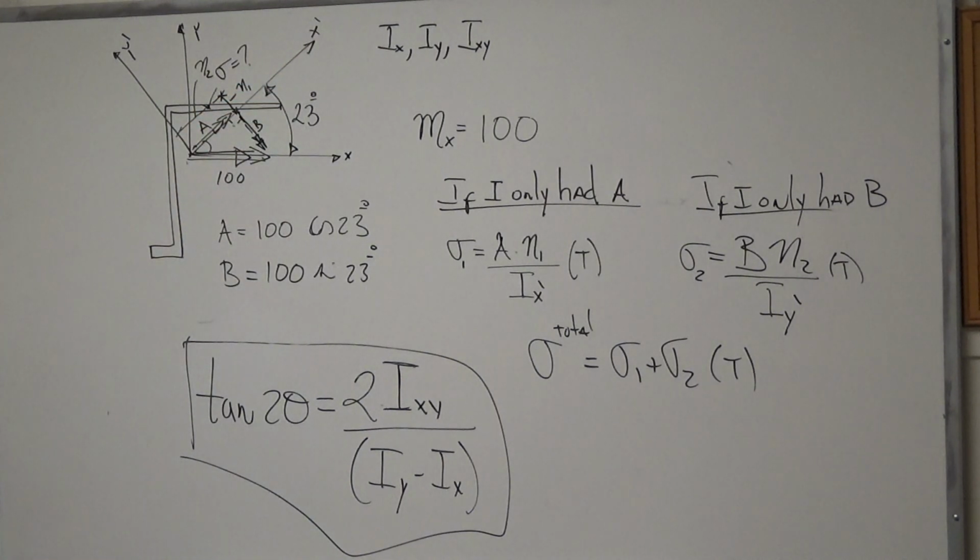So we don't go back to zero and start calculating Ix prime and Iy prime, because it turns out that once you have Ix, Iy, and Ixy, you can calculate the inertia about any rotated axis easily from a formula that can be derived following essentially the same ideas that I was doing for you here, but I will skip that and just give you the formula.